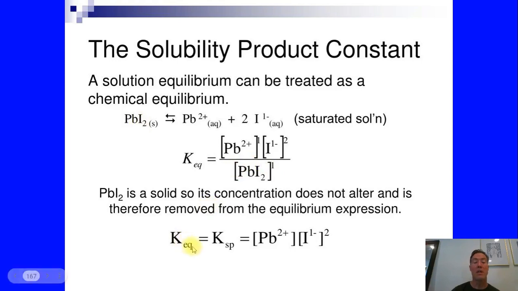So this equilibrium K is really just our products multiplied together. So instead of an equilibrium constant, we're going to call this a solubility product, because we're leaving out our reactants since it's a solid, and we're simply considering our products multiplied together.